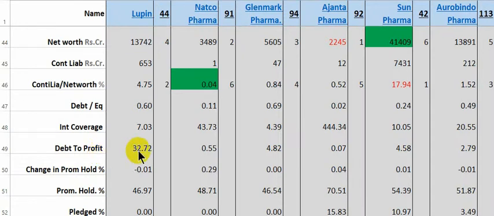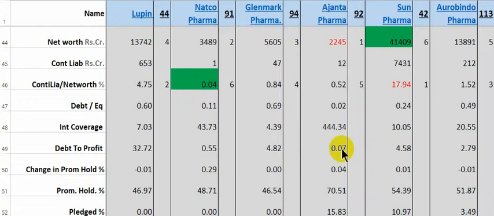So here we want a value which is as low as possible. Natco Pharma doesn't have much debt or borrowings. Therefore, this year's profit is in fact more than the borrowings the company has taken. Glenmark's borrowings are 4.8 times this year's profit. This is not a very high figure. Within the next 4.5 years, if it wants, it can clear off its entire borrowing with the profits it is earning.